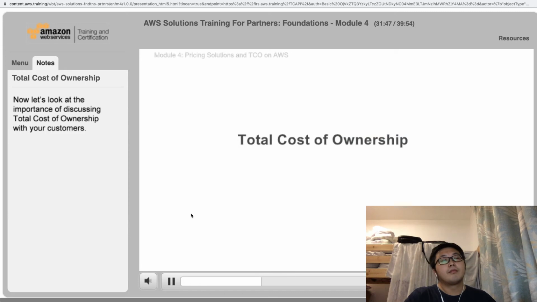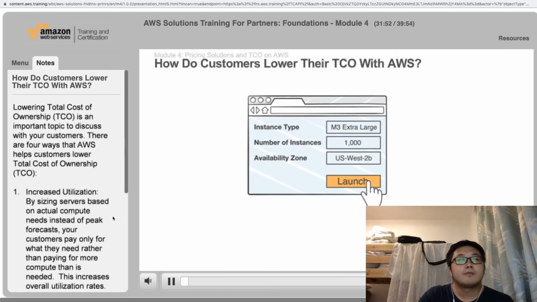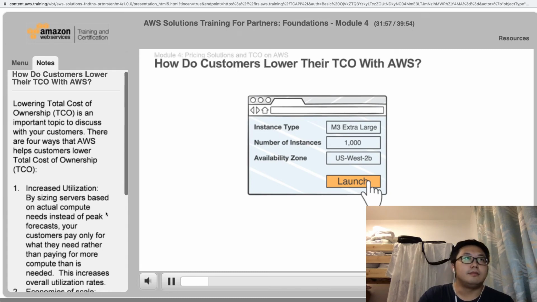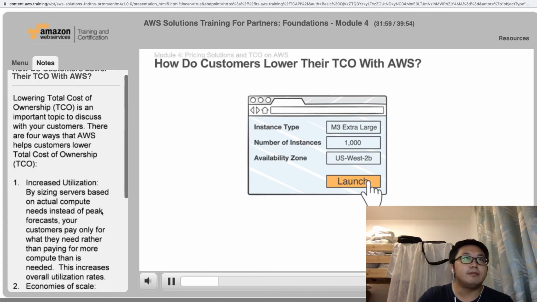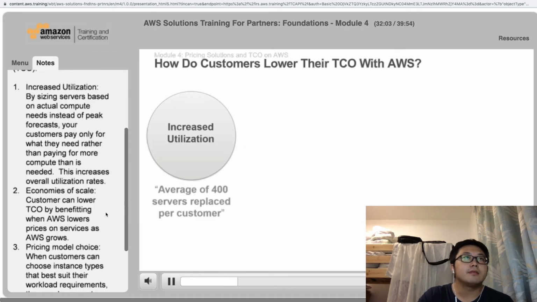Let's look at the importance of discussing total cost of ownership with your customers. Lowering total cost of ownership, TCO, is an important topic to discuss with your customers. There are 4 ways that AWS helps customers lower total cost of ownership. Increased utilization, by sizing servers based on actual compute needs instead of peak forecasts. Your customers pay only for what they need, rather than paying for more compute than is needed.